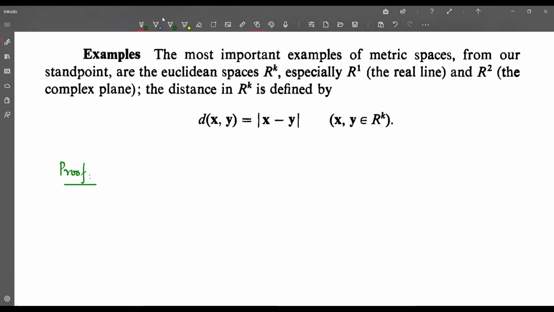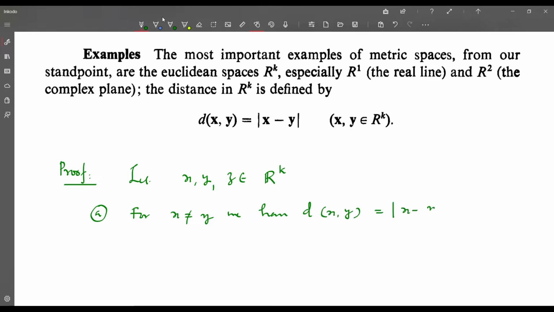Let x, y, z belong to Rk. Remember, all these things are like vectors. So x, y and z are vectors in Rk. A, for x not equal to y, we have distance between x and y, that is equal to modulus of x minus y.